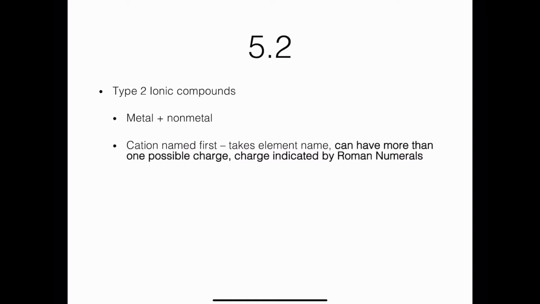This time, it can have more than one possible charge. So this time, our cation will come from that transition metal area in the middle. Remember, we said those were a little weird, and they can have more than one charge because they behave a little bit differently.